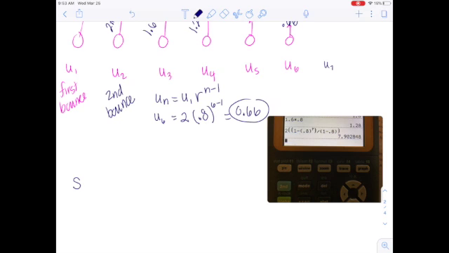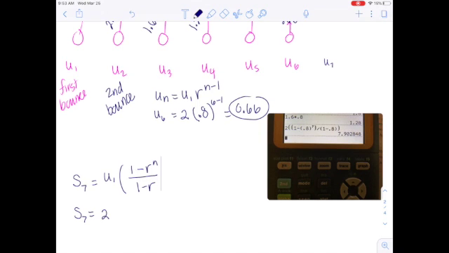The sum up until the 7th term would just be U sub 1 times 1 minus r to the n, over 1 minus r. And plug in everything you know. The sum up until the 7th: U sub 1 is 2, parenthesis, 1 minus 0.8 to the 7th power, divided by 1 minus 0.8.